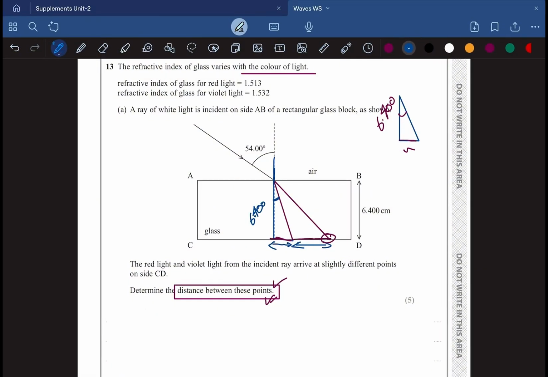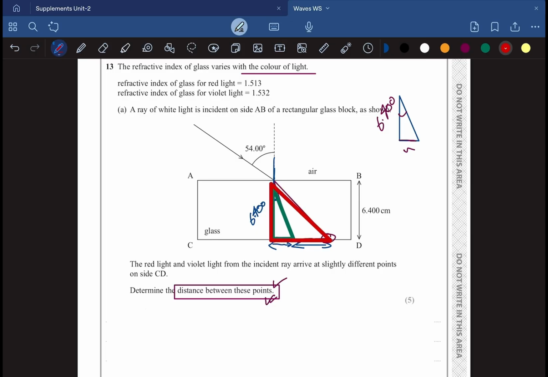Now, how will we actually subtract them? We know this is our one triangle, right? And this is our another triangle, right?